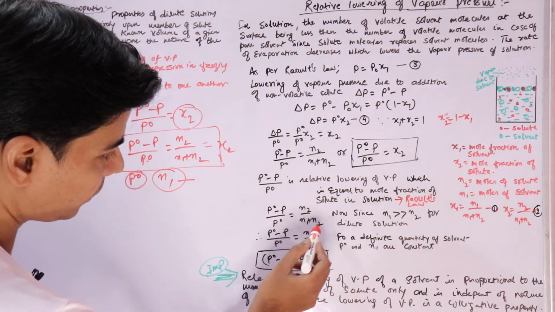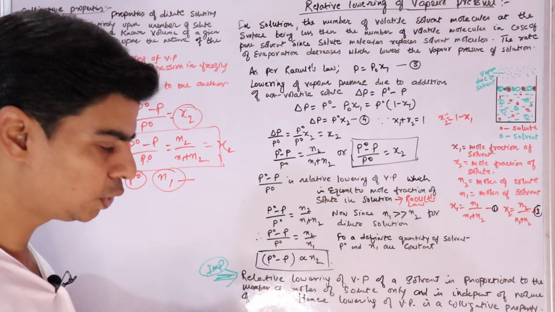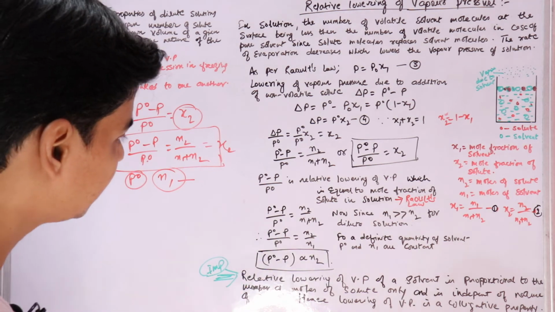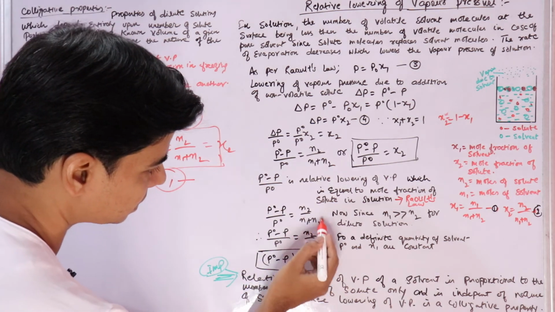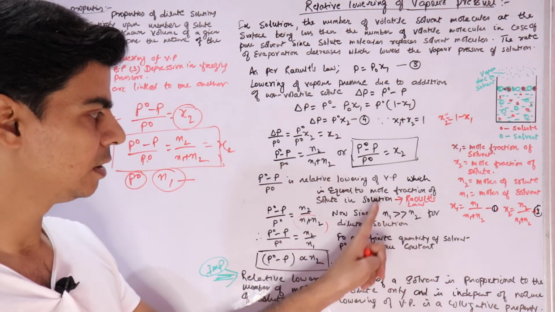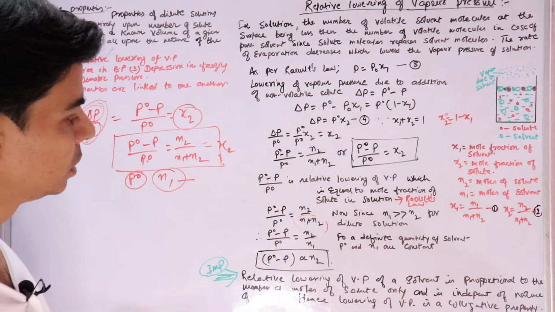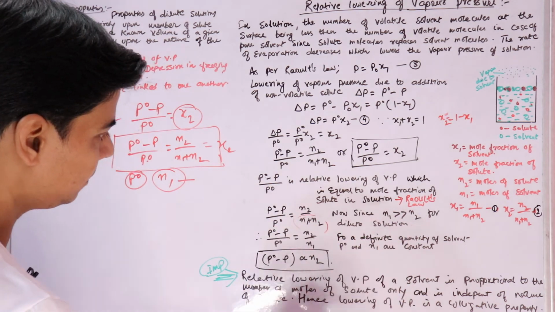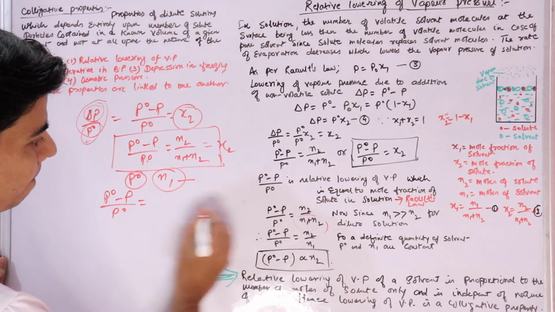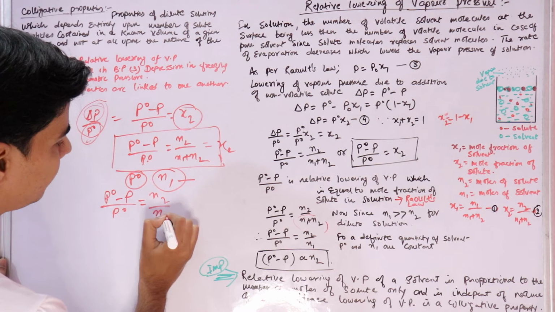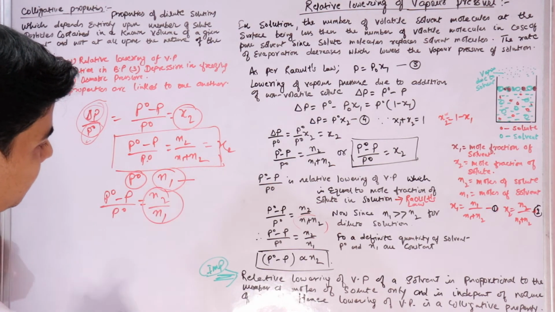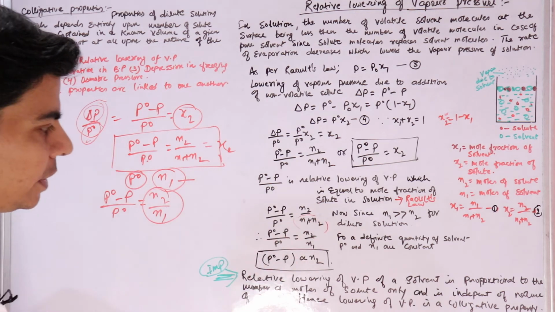So N2 is negligible as compared to N1. So we'll replace this quantity with N1, because N2 is negligible since N1 is very much greater than N2. So we can write this expression as P0 minus P upon P0 equal to N2 upon N1, right? We have ignored N2 over here.